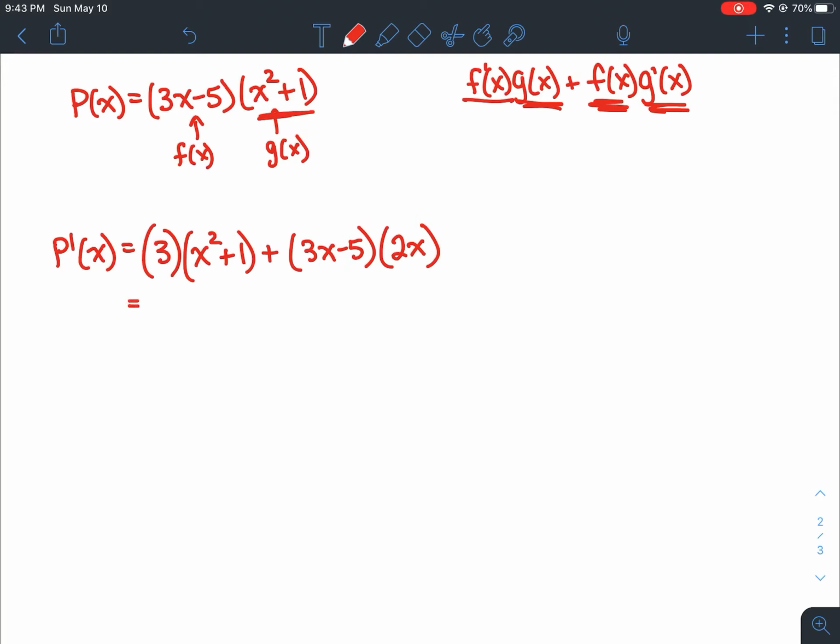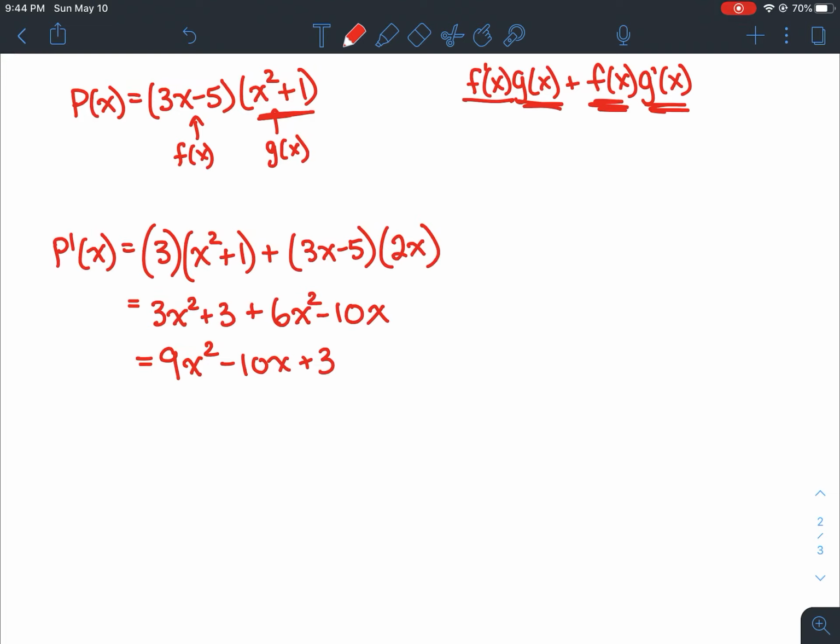It would be 3x squared plus 3 plus 6x squared minus 10x, which would be equal to 9x squared minus 10x plus 3, I think.